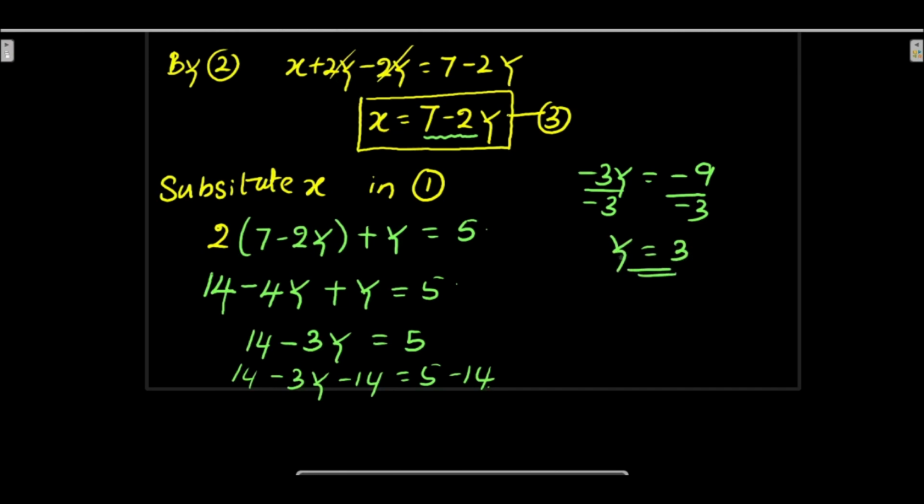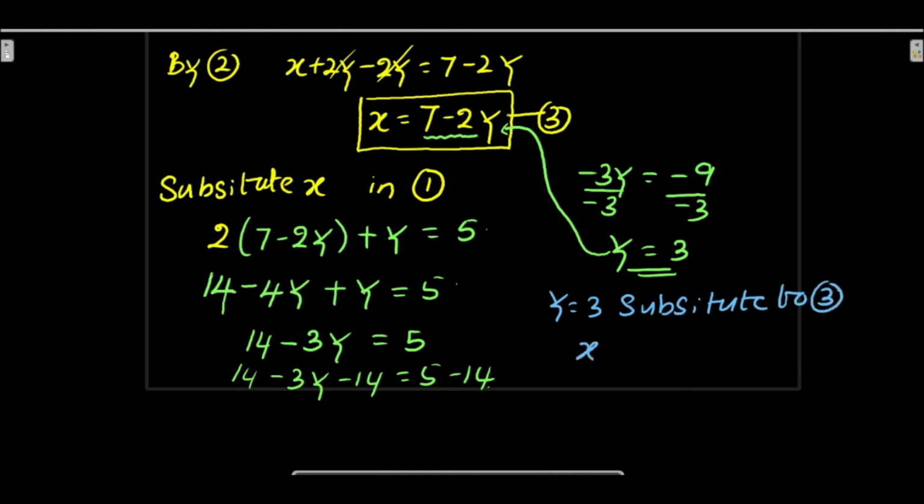If you know the y value, look at this, your y value, you can substitute this y in your third equation. So you can write y equal 3, substitute into the third equation.